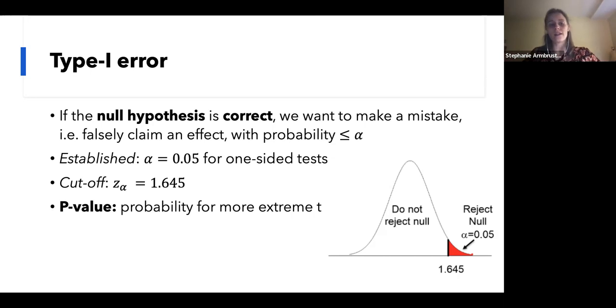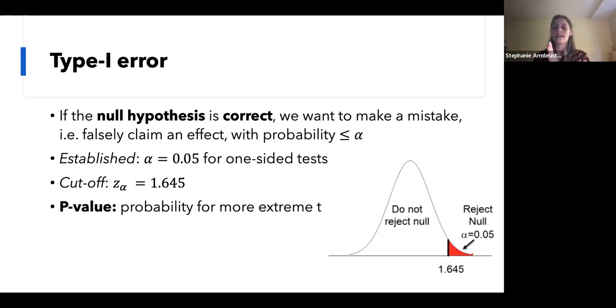Another concept that you might have heard of is the p-value, which is just the probability to get a t which is more extreme than my currently observed t value.